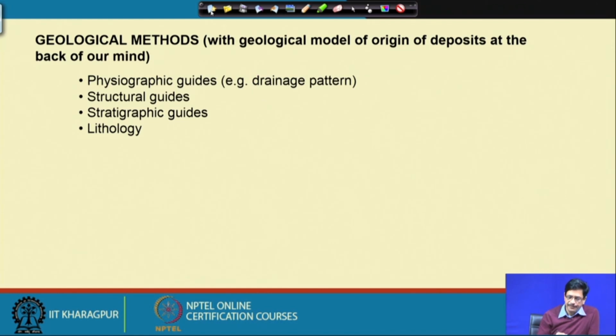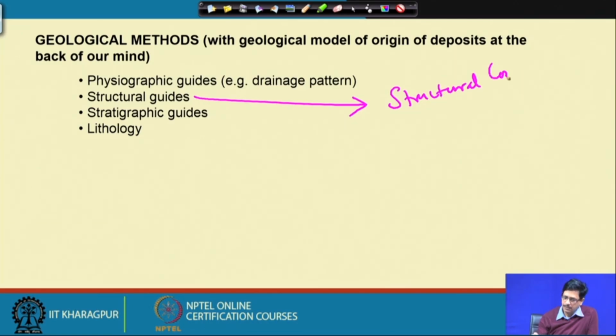And structural guides, this is a very important aspect, because we have what we essentially call the structural controls of localization of mineral deposits.